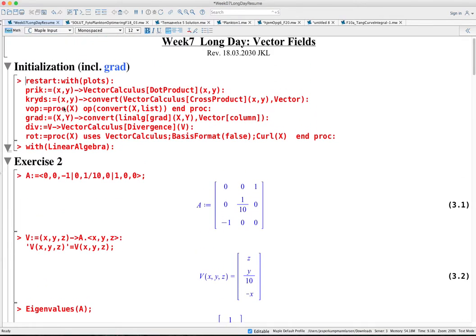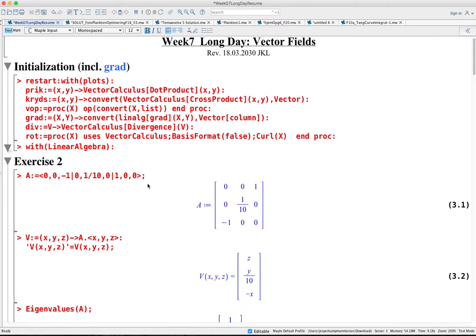In exercise 2 you have given a vector field, and from this vector field, when you try to make the flow field, you can compute the system matrix for this flow field. I explain to you what this means.